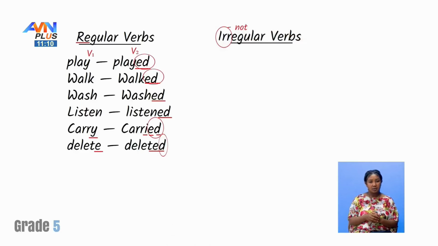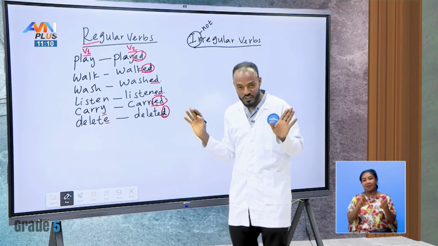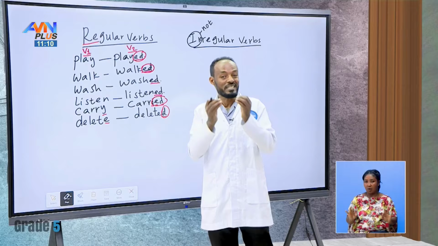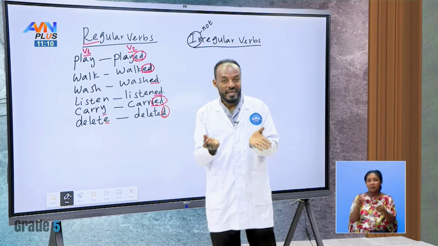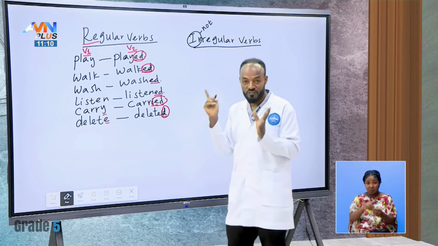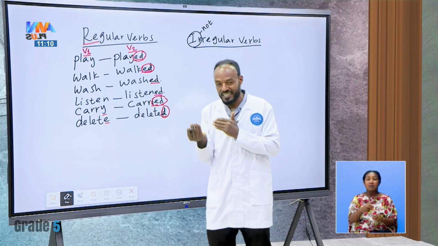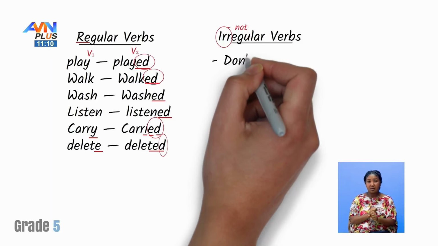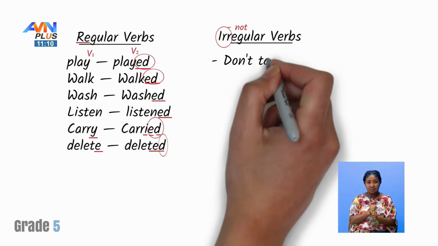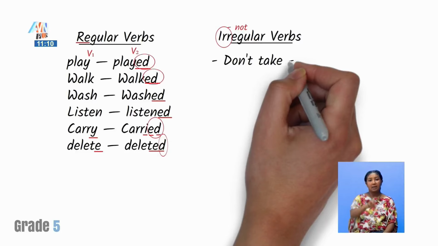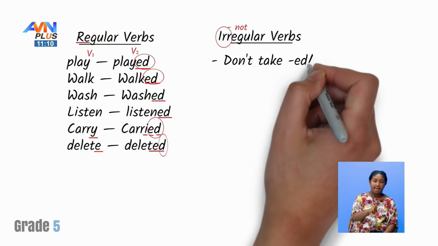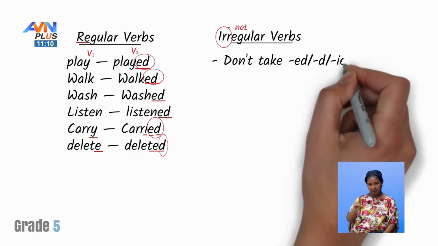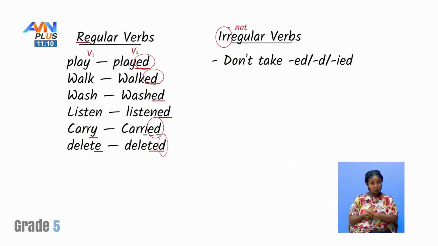Irregular means not regular. Not regular means there is no fixed form, there is no fixed rule. And also, a regular verb means the verb which takes ed, d, or id when you want to change it into verb 2.